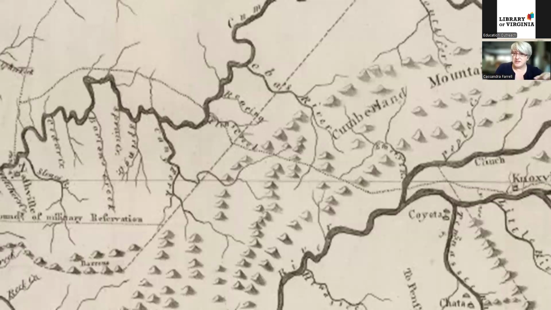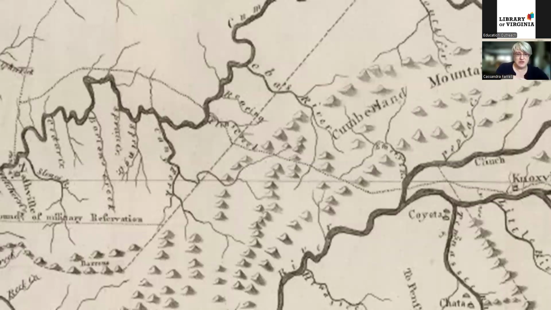And that road was a major migratory road for Americans who flooded into Georgia, Alabama, Mississippi, and even Florida in the early part of the 19th century.